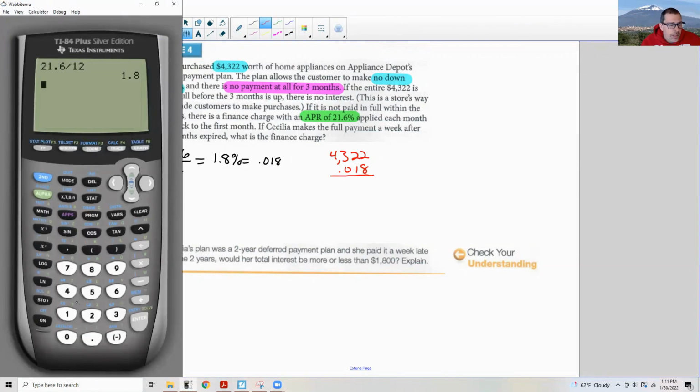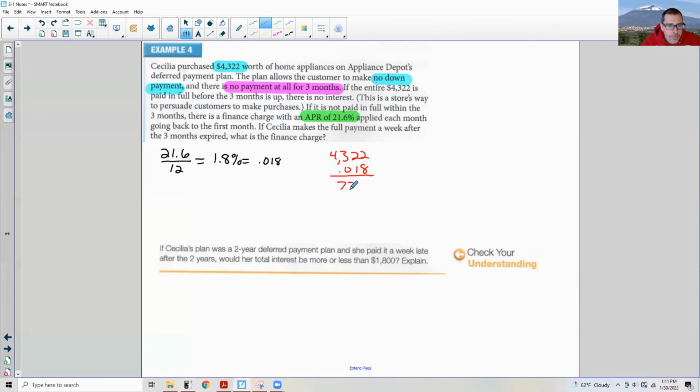So let me just do 4,322 times 0.018, and that is approximately $77.80, rounded to the nearest penny.